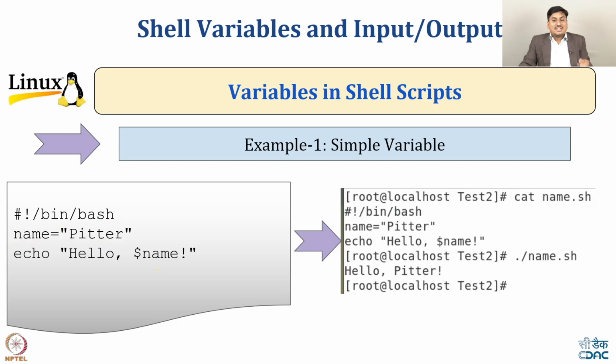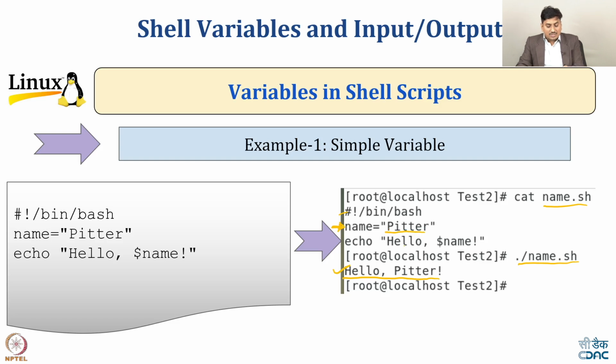Let us run this script, the same script which has been mentioned. When I run it, you can observe that it has provided this output: declare a variable name, and Peter was the value of that variable.